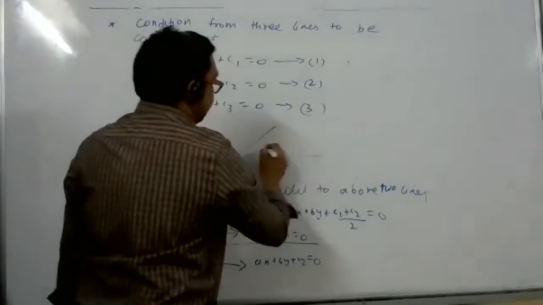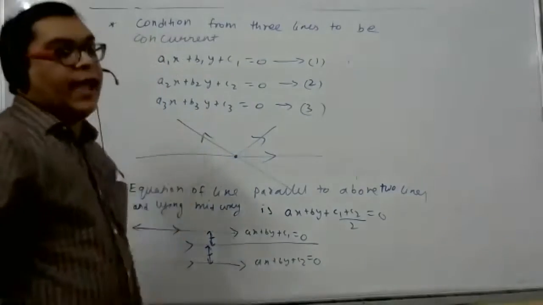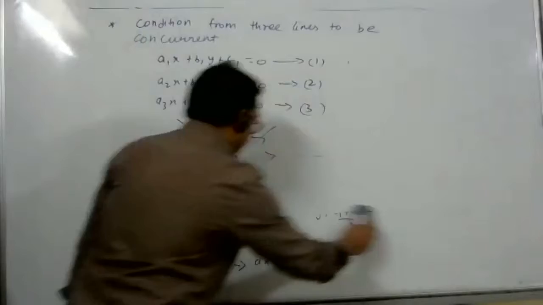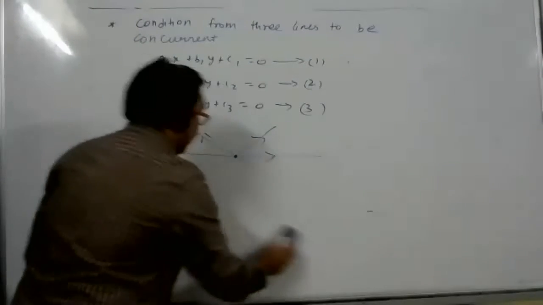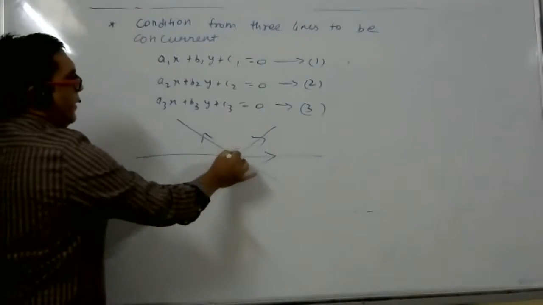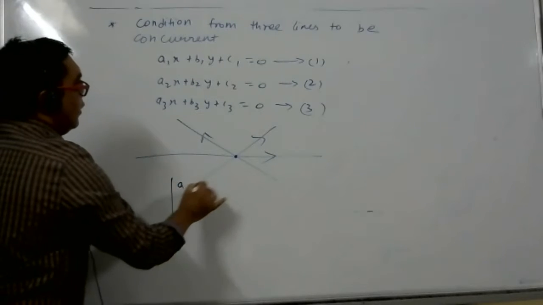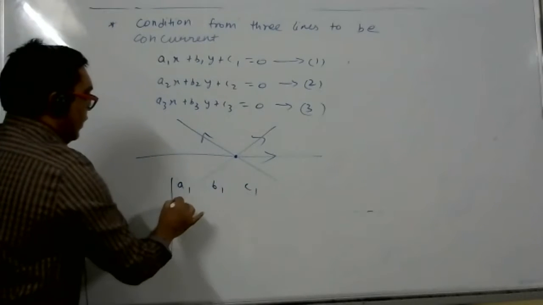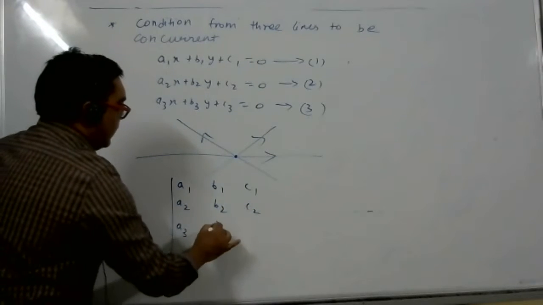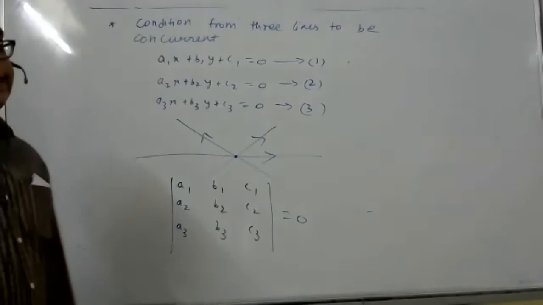If three or more lines intersect at the same point, they are said to be concurrent, and the point of intersection is called the point of concurrency. The condition is the determinant with rows A1, B1, C1; A2, B2, C2; A3, B3, C3 is equal to 0. This is the condition.